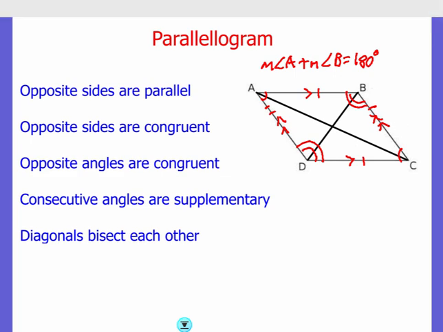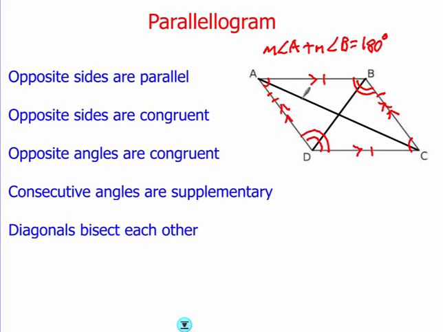And the property that parallelograms have is that if we call their intersection point E, AE is congruent to CE, and BE is congruent to DE. So our diagonals bisect each other. Now notice our diagonals are not congruent, they just cut each other in half. So those are all the properties that go along with being a parallelogram.